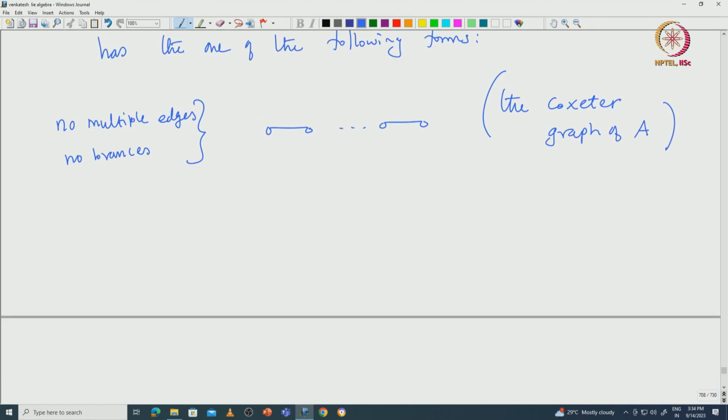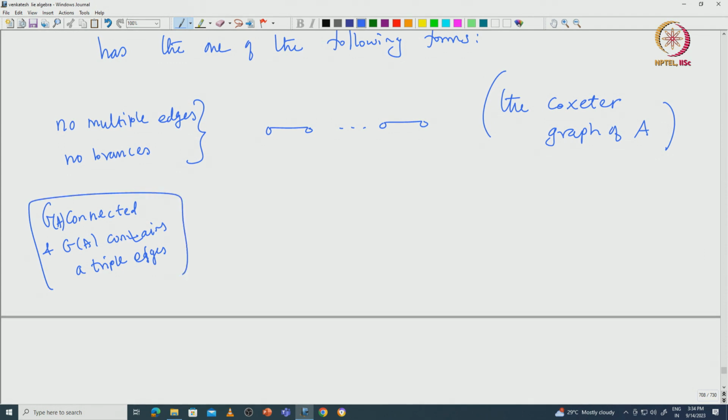The next case: G may contain a multiple edge, let us say it contains a triple edge. That is, G of A, which is connected as already assumed, contains a triple edge.